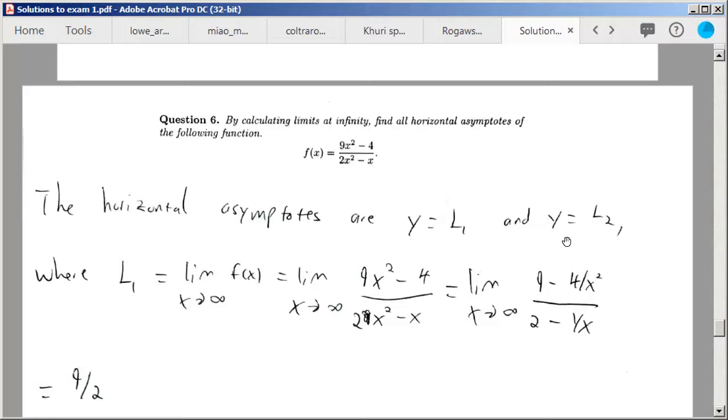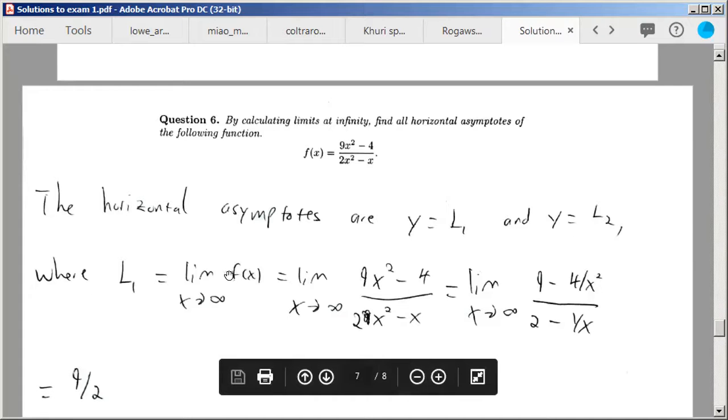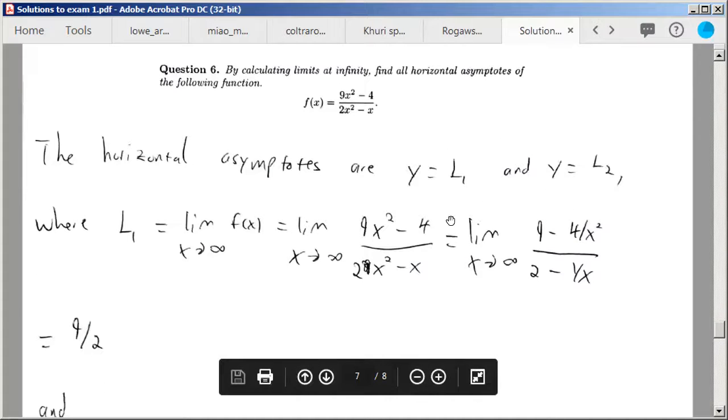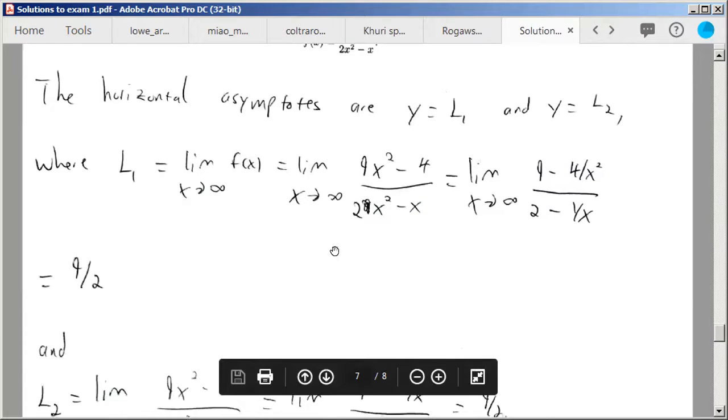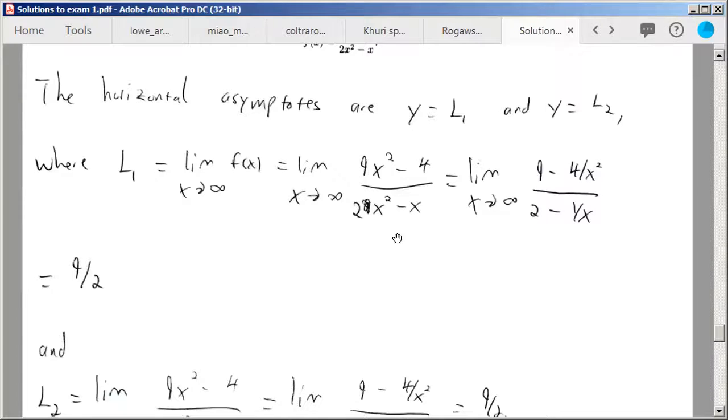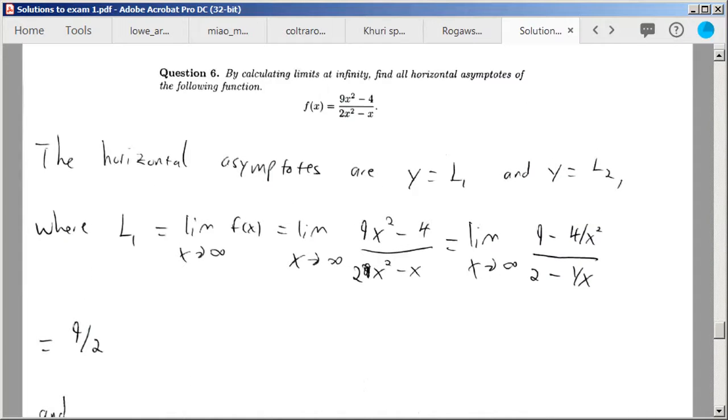Okay, well this is what they are, and let me show you how to find them. You could have phrased that in your own personal style, but I'm looking to see that you know what an asymptote is, and that you're doing the correct calculation. So both of those limits, to infinity and negative infinity.